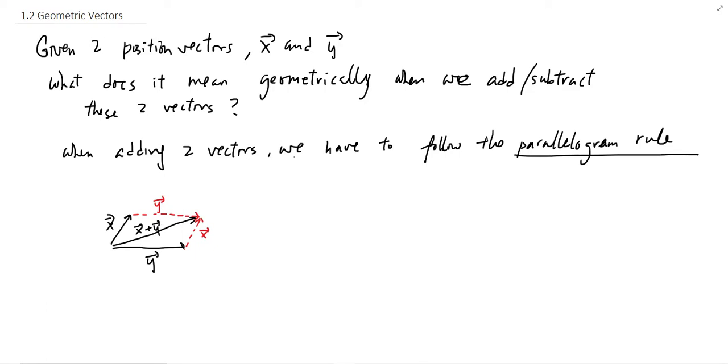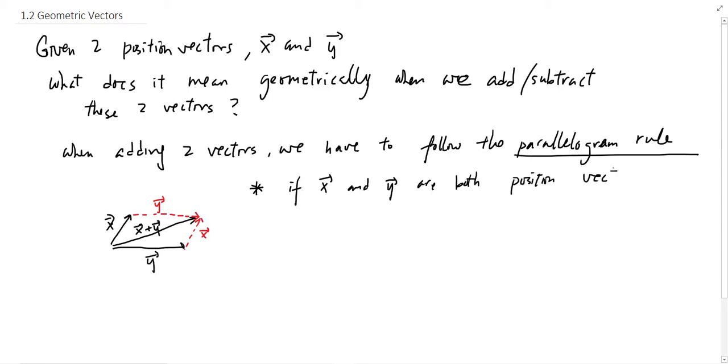Now, an interesting thing to note is the following. In this interpretation, if vector x and vector y are both position vectors, then the sum x plus y must also be a position vector.